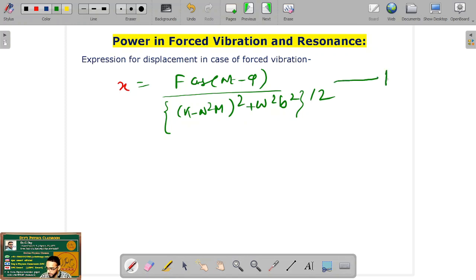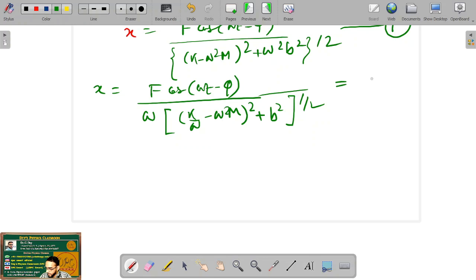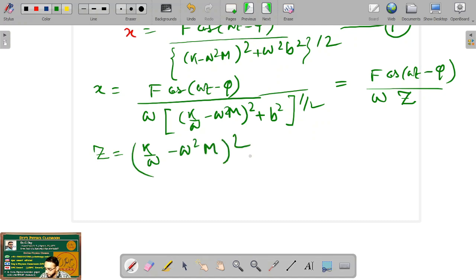We take this as equation number 1. Or we can write x equals F cos(ωt − φ) divided by, taking ω common, [(k/ω − ωm)² + b²]^(1/2), which we can write as F cos(ωt − φ) divided by ωZ, where Z equals [(k/ω − ωm)² + b²]^(1/2), which is called mechanical impedance.